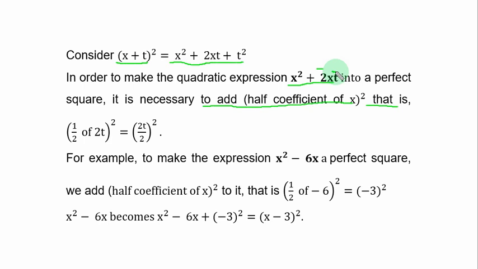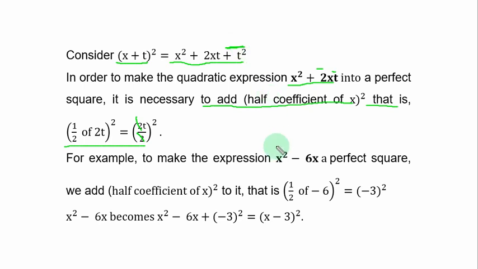So you take half of 2t and you square it. When you square now, you see that 2 will cancel 2. You are left with t squared, which is added for you to get a perfect square.